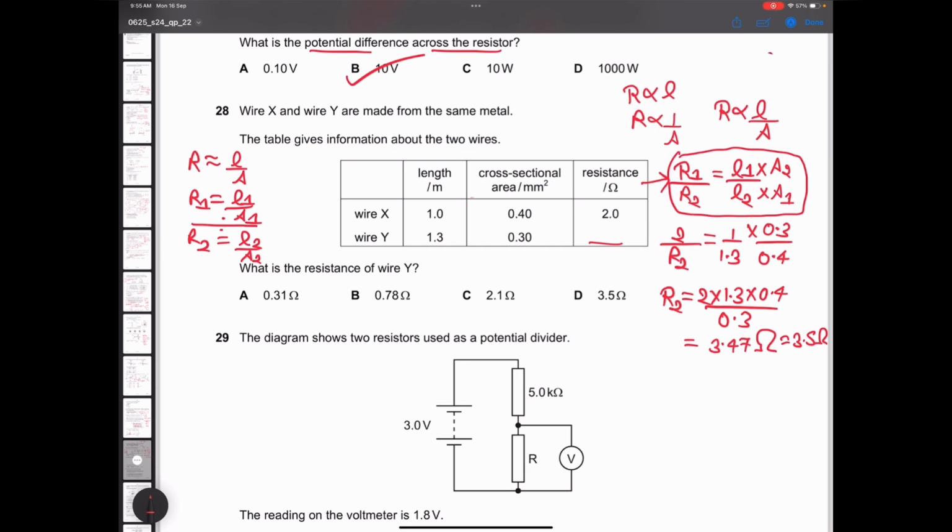Although this formula is not exactly correct, it gets us the answers. The original formula, as most of you might have studied, is R is equal to rho into L by A. But as rho is constant because it is from the same metal, I directly removed this and made a new formula. All of you can simply remember this formula, and for any type of question that comes for wires, resistance, area, you can directly use that formula.